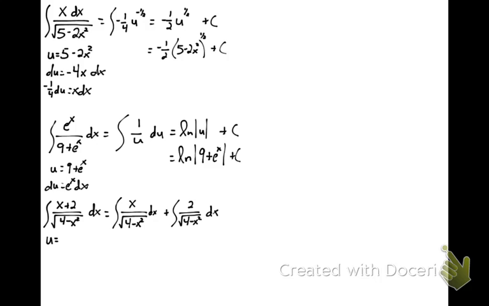Now if we consider these independent of one another, for this first integral I'll use U-substitution, so this will be u equals 4 minus x squared. So du equals negative 2x dx, or negative 1/2 du equals x dx.